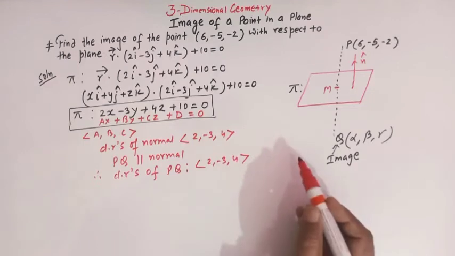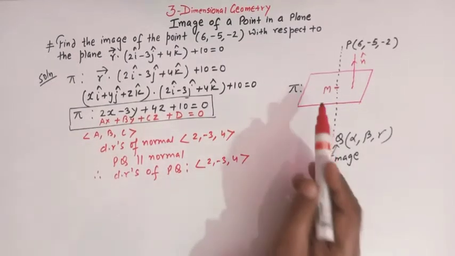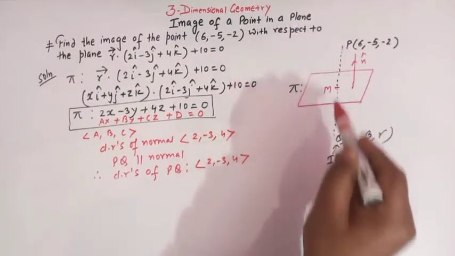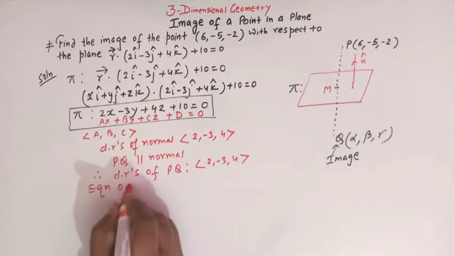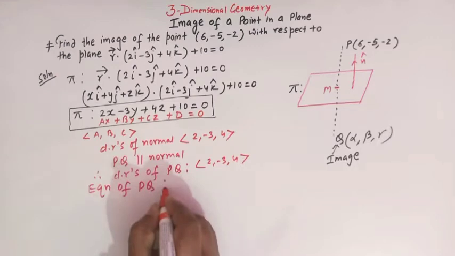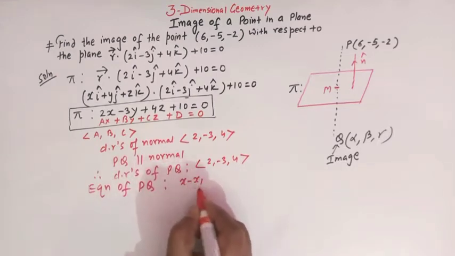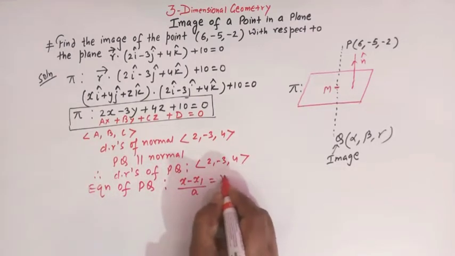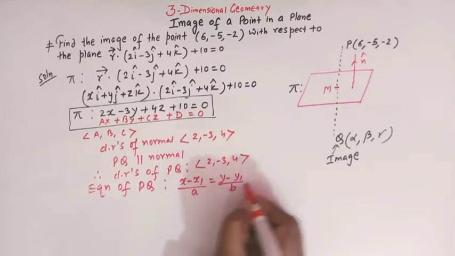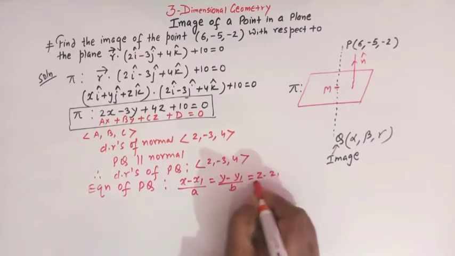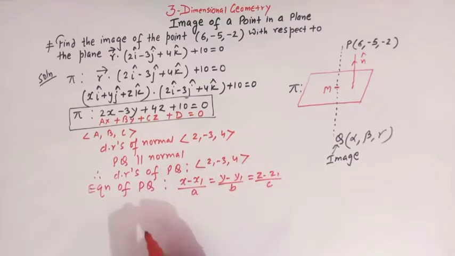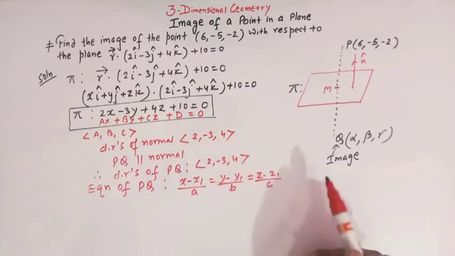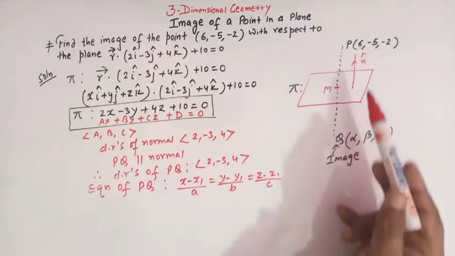Now let us first find the equation of this line PQ. The equation of PQ can be written as (x minus x1) over a, (y minus y1) over b, (z minus z1) over c, where x1, y1, z1 is the point through which this line PQ passes.